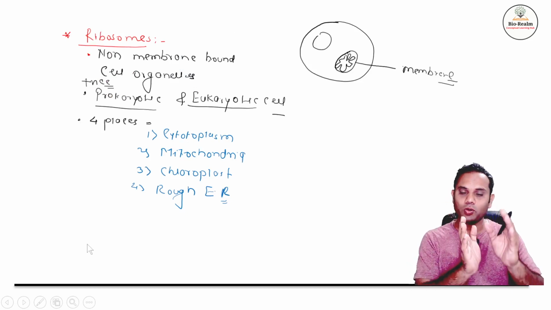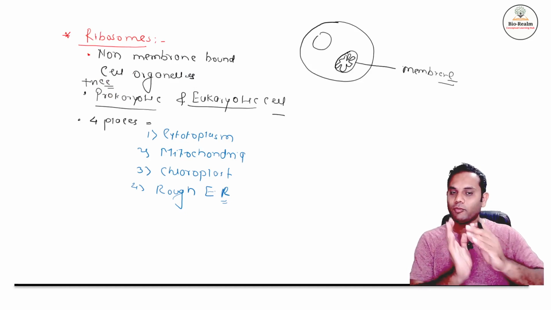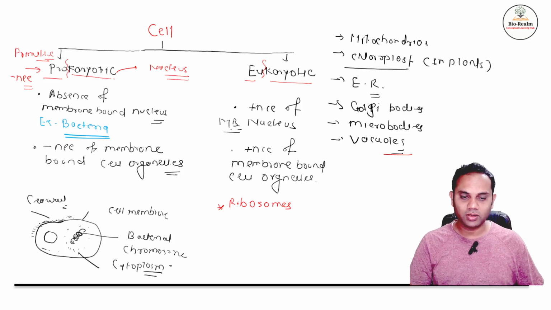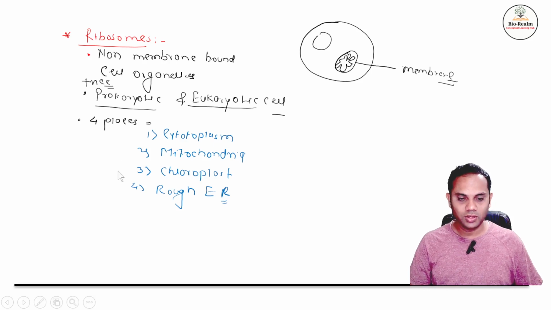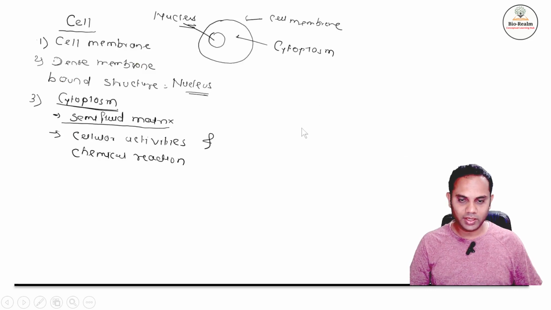So we talked about prokaryotic cell, we talked about eukaryotic cell, we talked about the peculiarities of prokaryotic cell. But if I ask you about the eukaryotic cell, let me erase here.